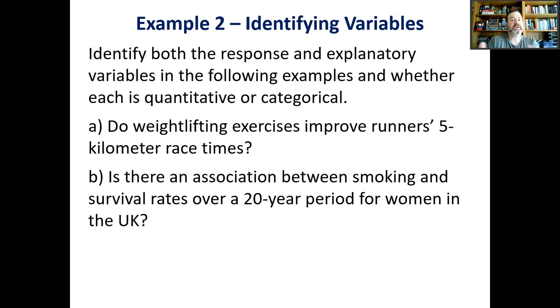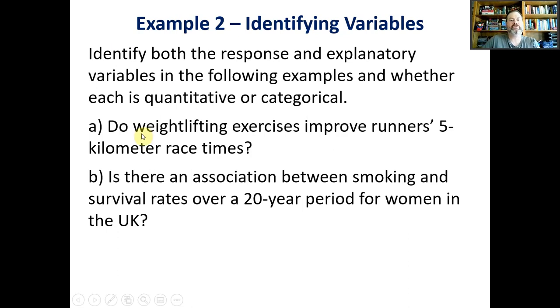Well, the idea here is that we think weightlifting exercises would cause the race times to improve. So the response variable would have to be the race times, and the explanatory would have to be the weightlifting exercises in some sense. It's not quite that simple. I'm going to show you on the next slide. And then which one of these is quantitative and which is categorical?